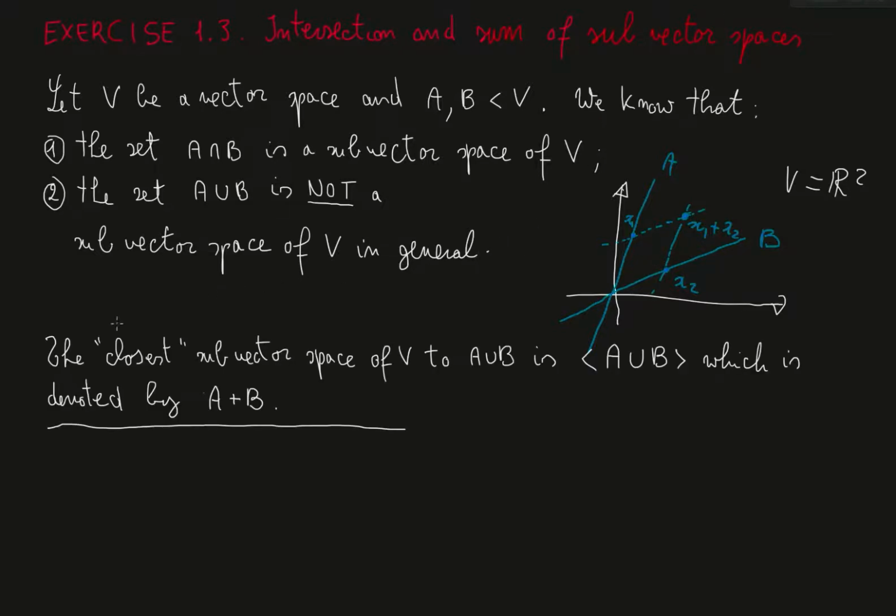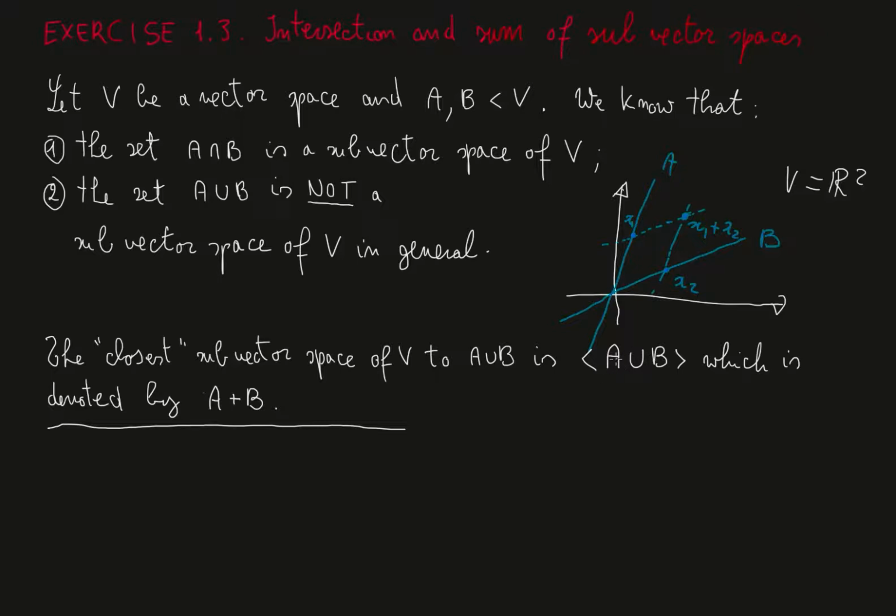Let's ask then, what is the closest subvector space of V to the union A union B? So we know that the smallest subvector space generated by a set is denoted like this, and it amounts to taking the set of linear combinations of all the elements in this set.